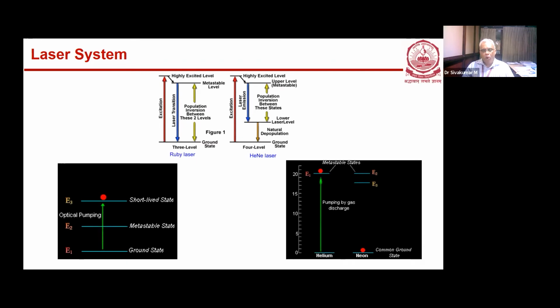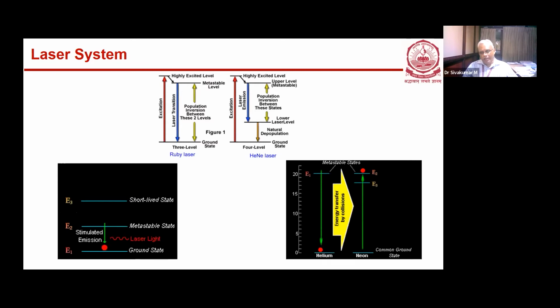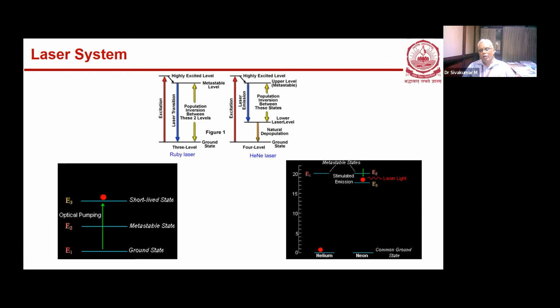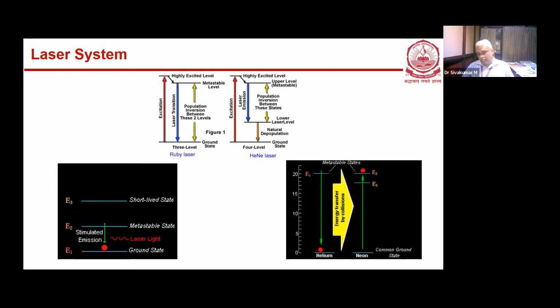At one point, the number of atoms in the excited level should be more than in the ground level. That is called population inversion, or inverted population. Only then can a photon stimulate an atom in the excited level to go to the ground level. With more photons, more atoms will go to the ground level, so more photons will be produced, and amplification will happen. Unless you have population inversion, you cannot get amplification.